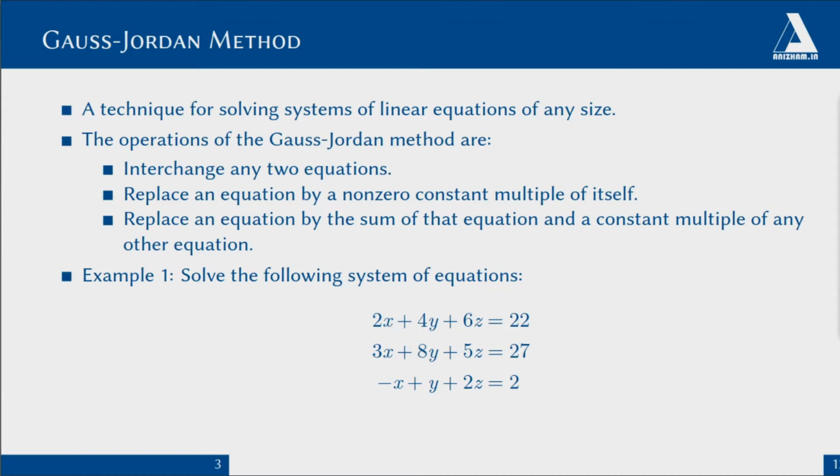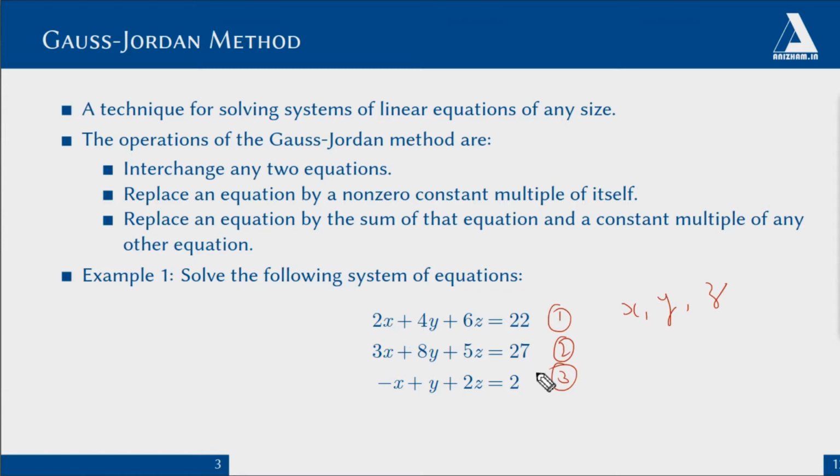In this system of equations, we have 3 variables x, y and z, and we have 3 equations 1, 2 and 3. So, in this condition, since there are 3 equations and 3 variables, we may obtain a unique solution, or there is a possibility of no solution also, and there is a possibility of an infinite number of solutions.